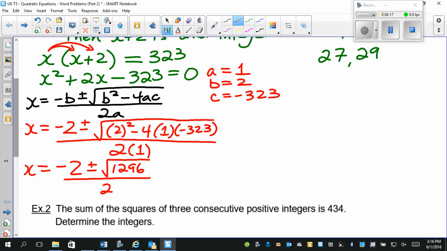So my two possible answers, because I can take the square root of 1296, and that actually gives me 36.